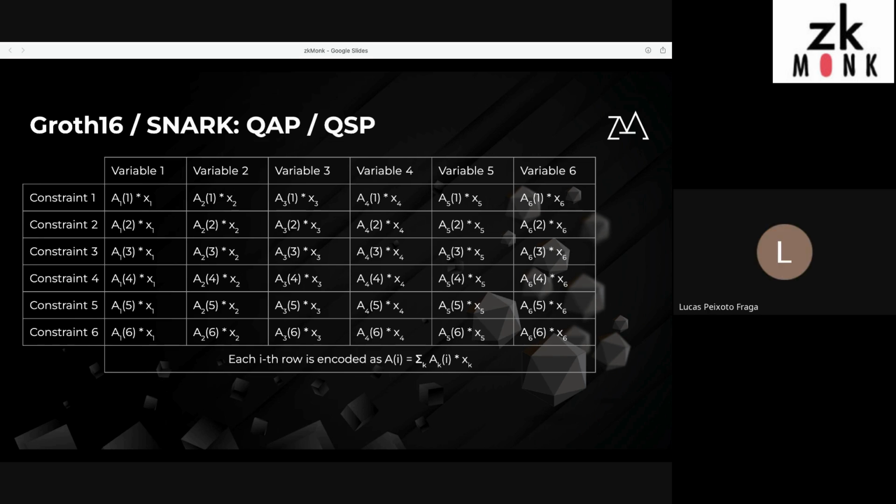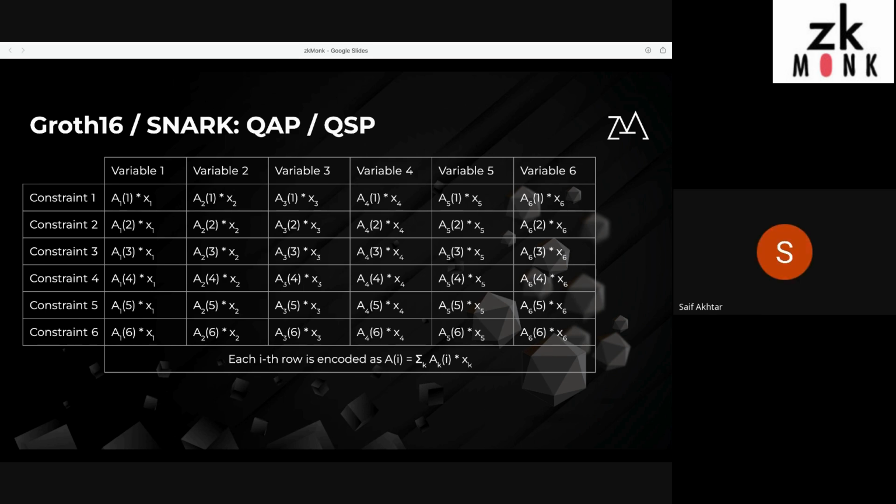Okay, so what FRI does is it has a big domain at first, right? And it will divide this domain in half in each iteration, reducing the size of the domain by doing some very clever polynomial evaluations. And there's a formula for this. I can send you later if you want.